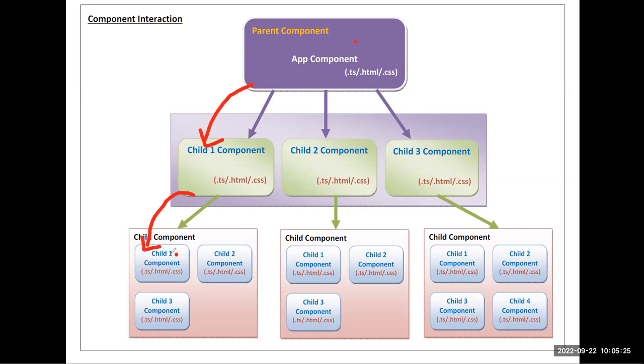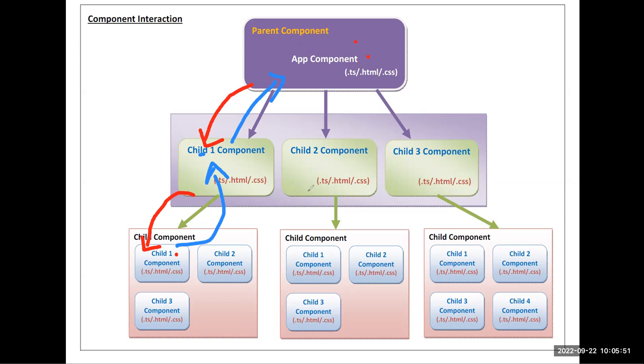If you want to send the child's data to this parent component, you first send the data to this child 1 component. Then this child 1 will send it to your app component or parent component. In that fashion, you can send that data.